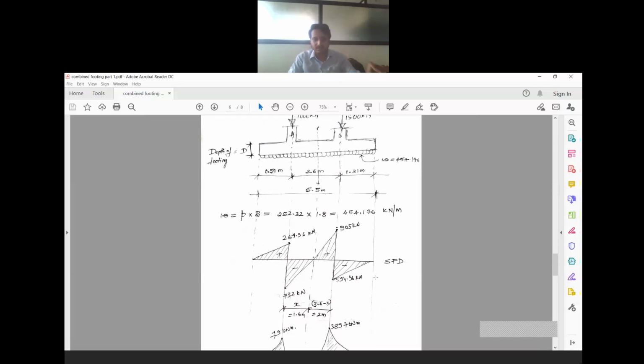Here what will happen is at the center your shear force diagram will cross this datum line. It changes from negative to positive. This changing point, what is this point called? Can anyone say? What is this point called?